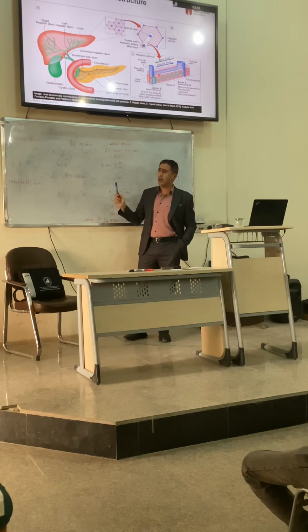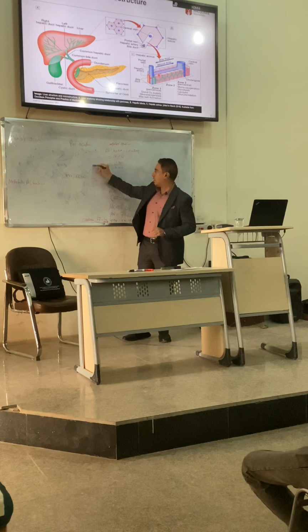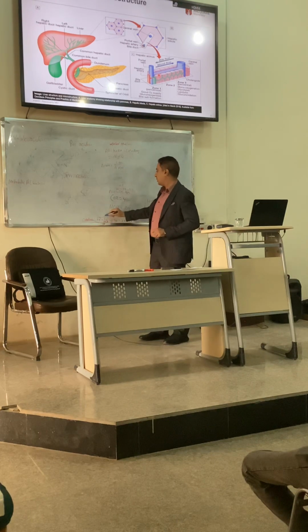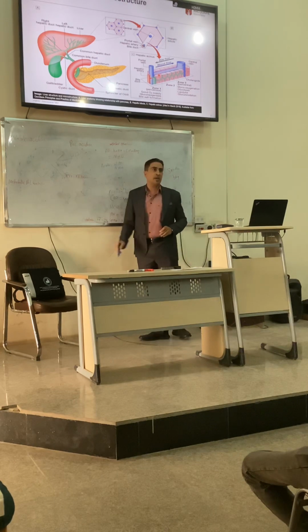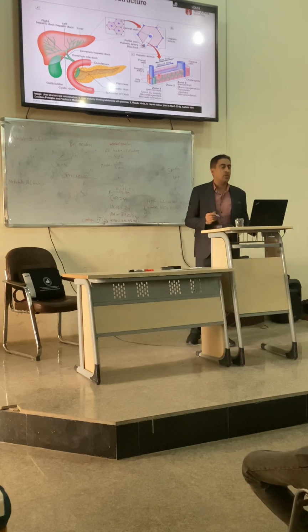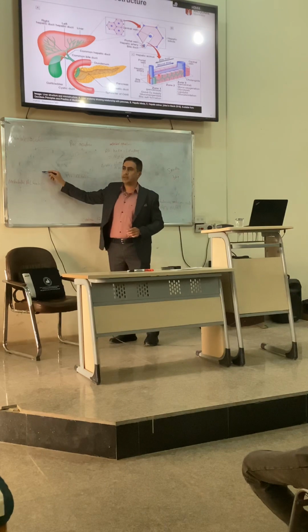But on the other hand, all the blood drained from the bowel has to pass through the liver before it goes to the systemic circulation. So all the processes of metabolism happen in the liver.